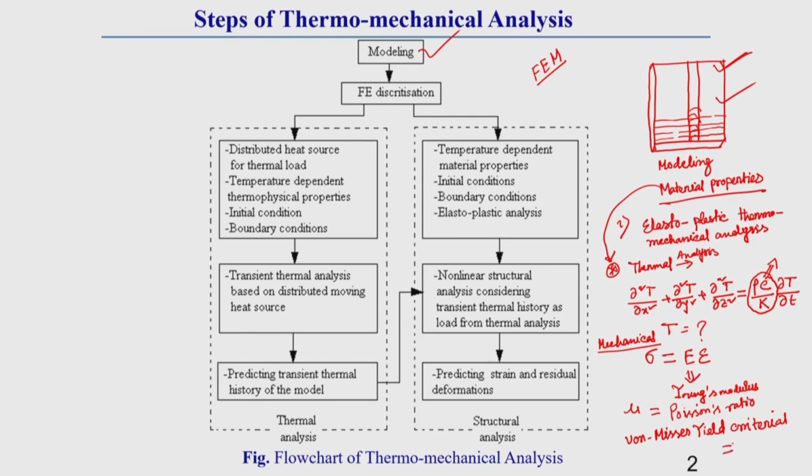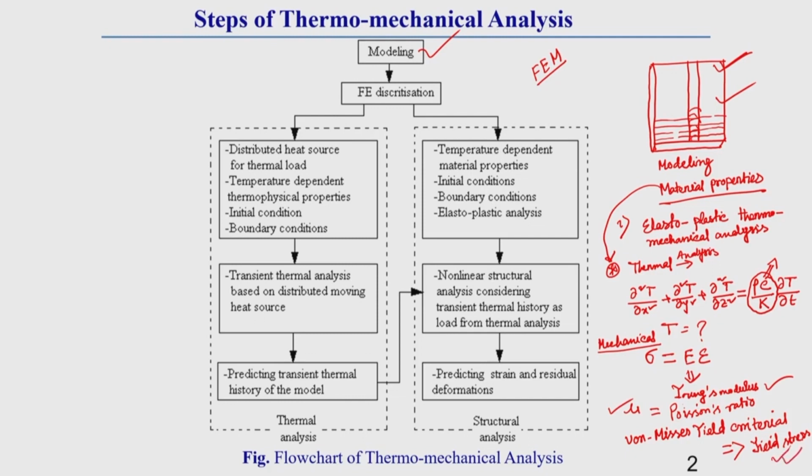In von Mises yield criteria, you have to define yield stress. So, another material property required in this thermomechanical elastoplastic analysis is yield stress. So, the material properties we have to use are Young's modulus, Poisson's ratio, yield stress.